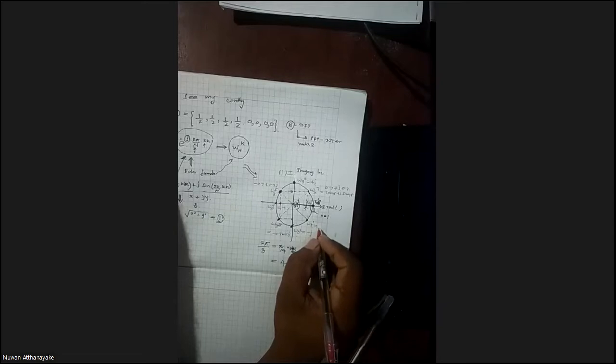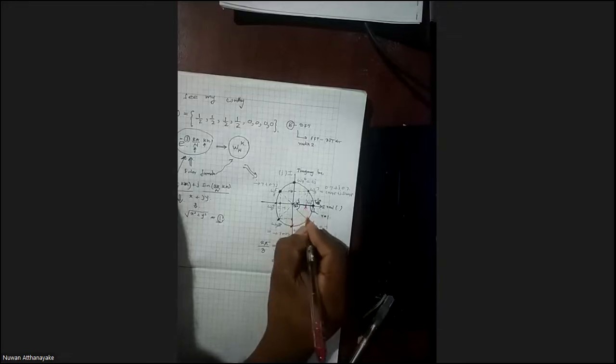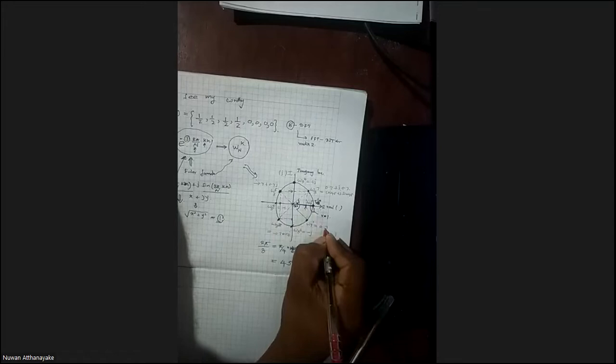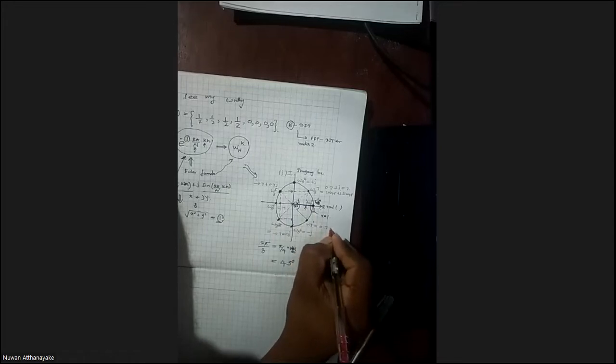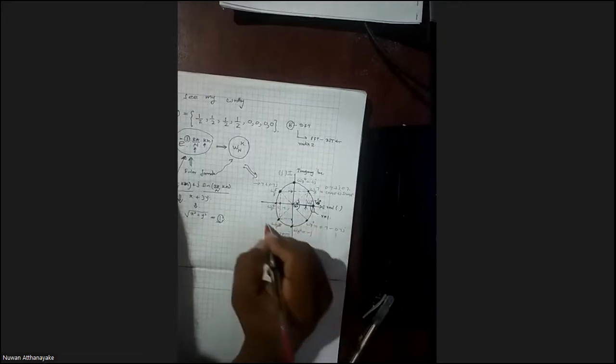Only the imaginary value is minus, and the real one is plus: plus 0.7 minus 0.7j. Okay, so these are the W values.